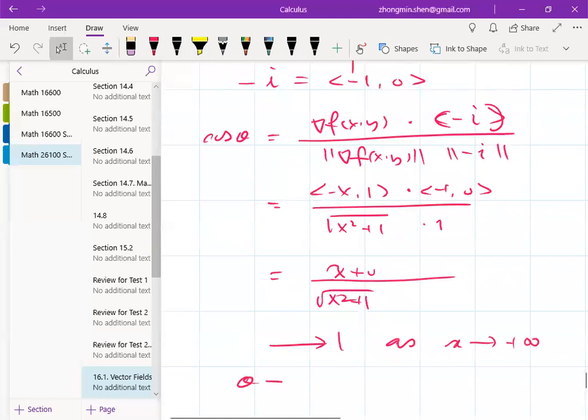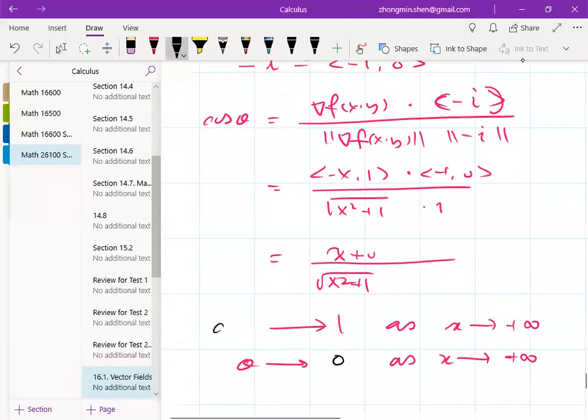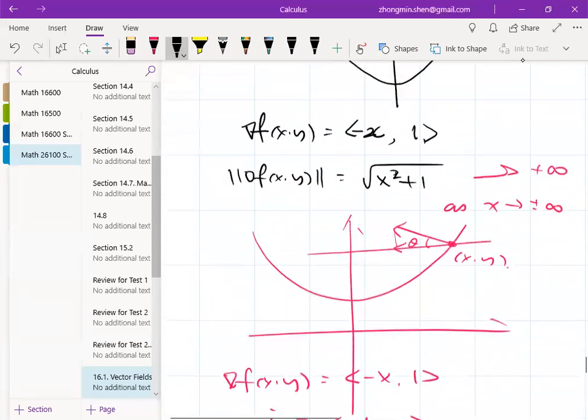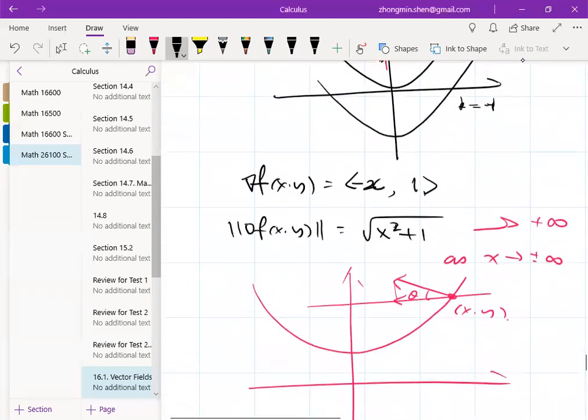That means theta approaches 0 as x approaches positive infinity, because cosine of 0 is 1. So when you're getting further away in that direction, the angle is getting smaller and smaller.